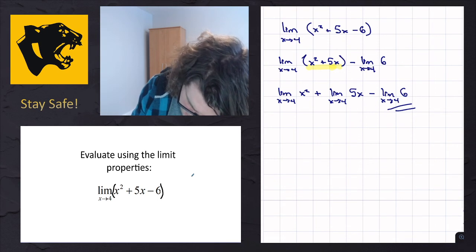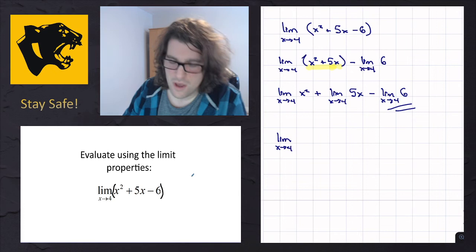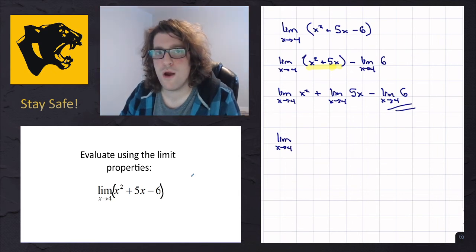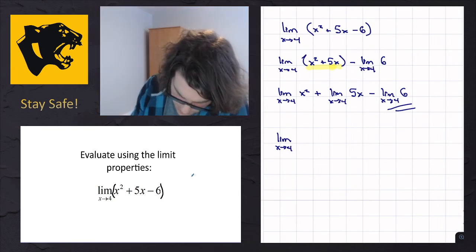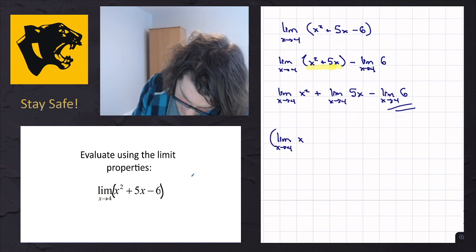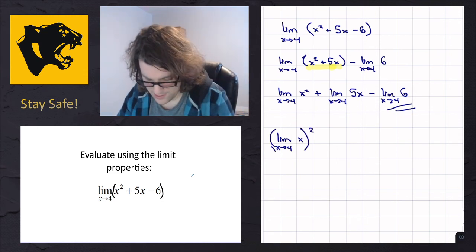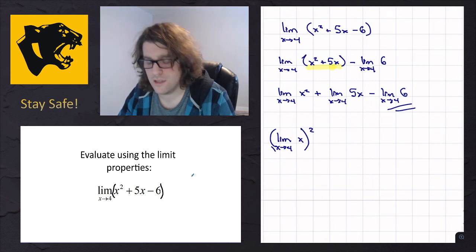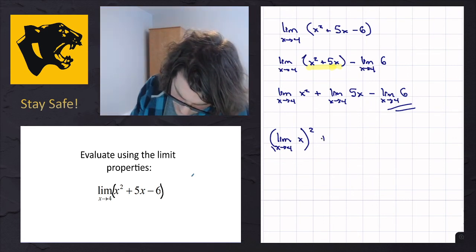So the next thing is I'm just going to say the limit as x approaches 4. There's a rule that says if you have a power inside of a limit, we can evaluate the power after we have finished the limit. So we can take the limit as x approaches 4 of just x, then have it all squared.